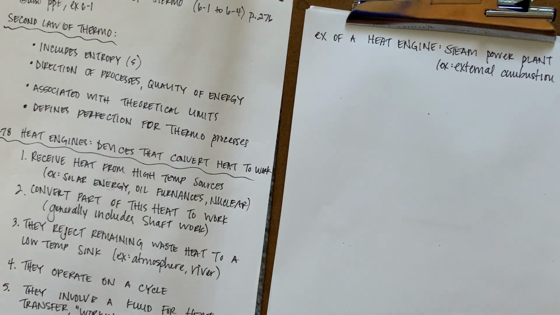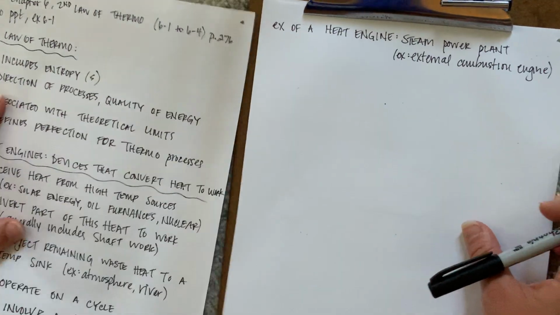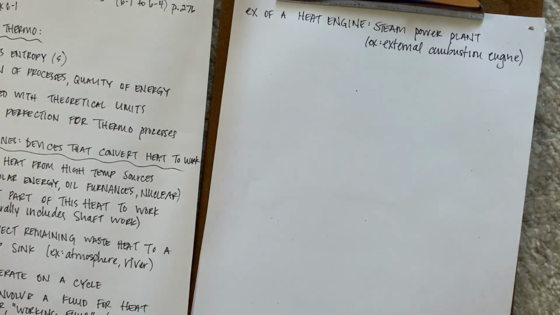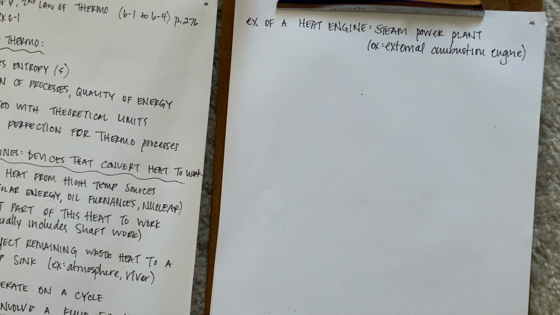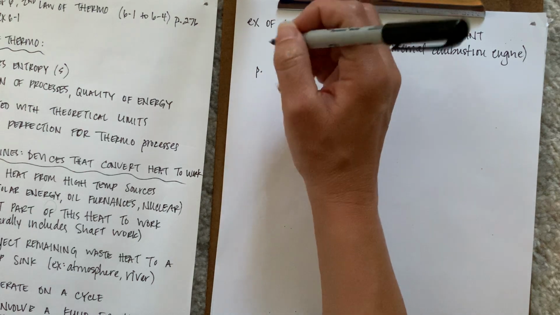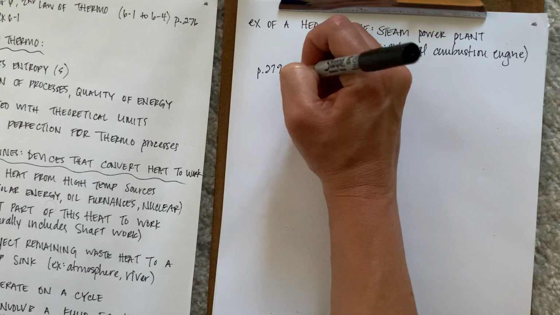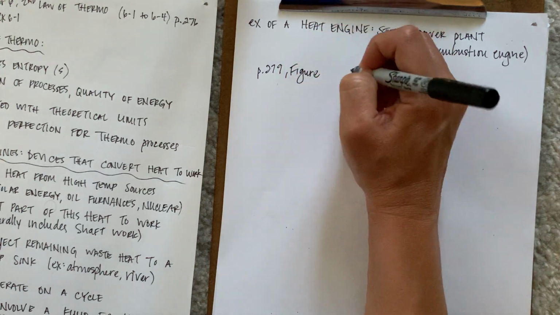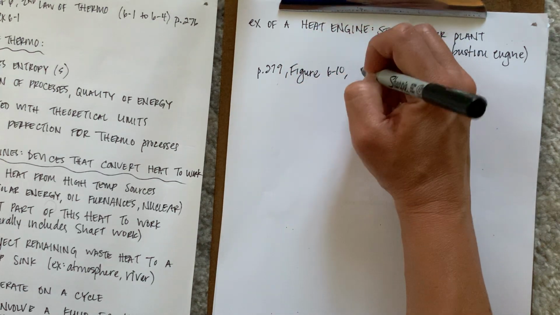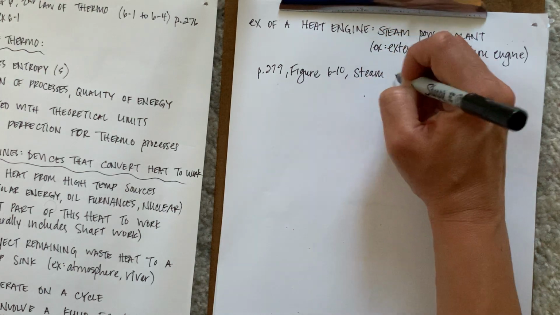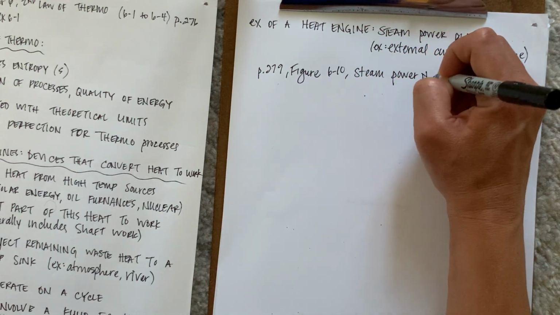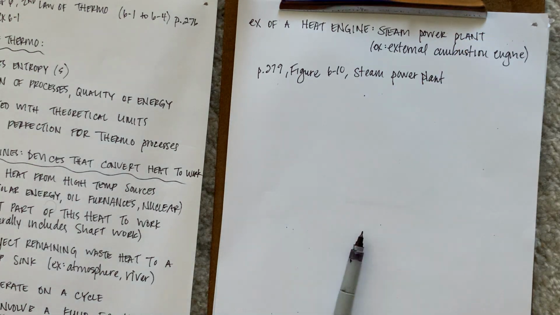It's not important that you know the exact terminology of all the different combustion engines, but that's just there as a reference. All right, so on page 279 in the book, there's a nice schematic on figure 6.10 of the steam power plant. And I think it does a nice job of illustrating a lot of the key points for this concept, so I'm going to try to briefly sketch it after I show you what it looks like in the book.